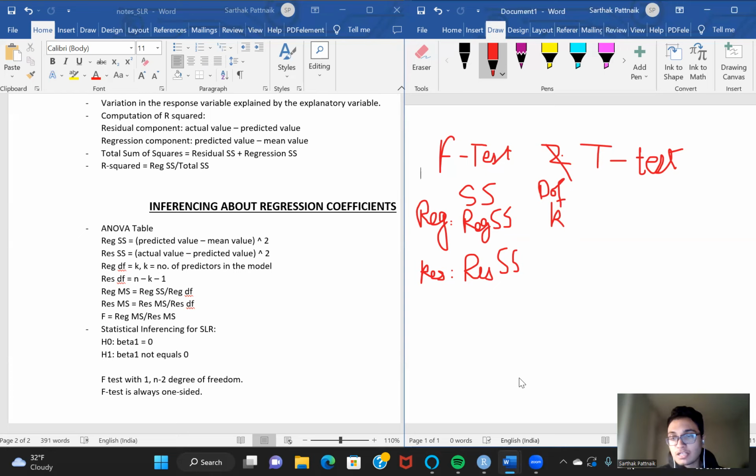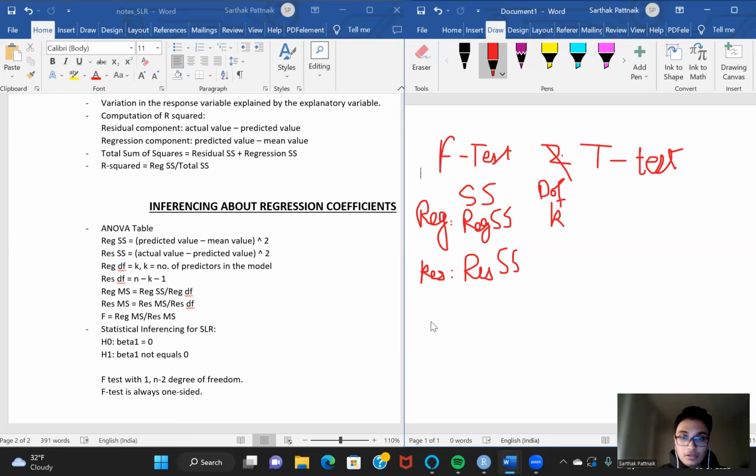Now it's very important to understand that in case of a simple linear regression, you only have one independent variable on which the dependent variable is dependent. But in case of a multilinear regression, you will have more than one independent variable.